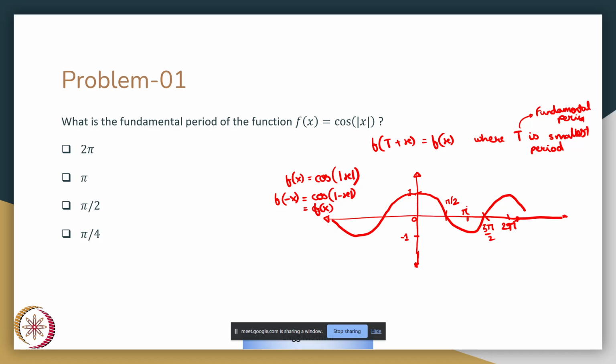But if you think about it, f of x is nothing but cos of x only. For cos of x, we know that the period is 2 pi. So the fundamental period is 2 pi. If I do f of x plus 2 pi, that is nothing but cos of mod of x plus 2 pi, which is nothing but cos of x.